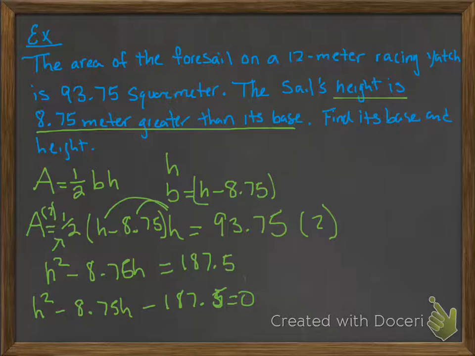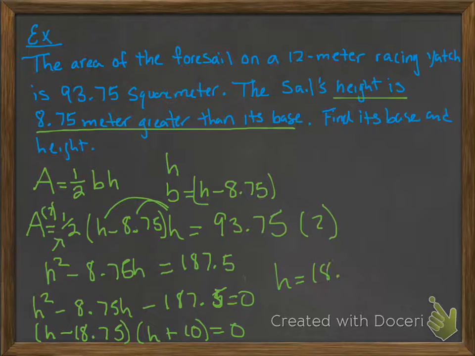You could multiply everybody by 10 or by 100 to move your decimal place, but we would factor this out to be h minus 18.75 and h plus 10 is equal to 0. And so h is equal to either 18.75 or h is equal to negative 10.